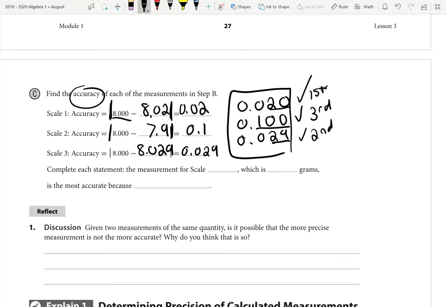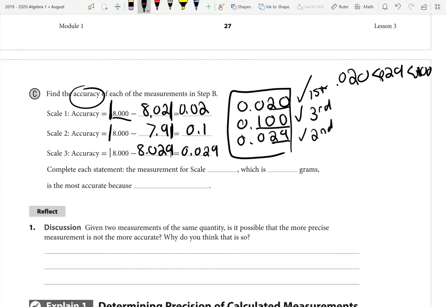So yeah, 20 is smaller than 29, and 29 is smaller than 100. So that's the same thing with decimals. So 0.020, 0.029, and 0.1. Same way as those regular numbers work.